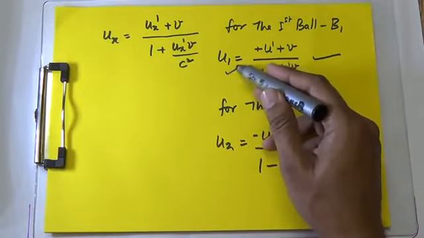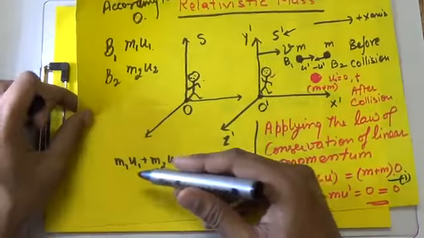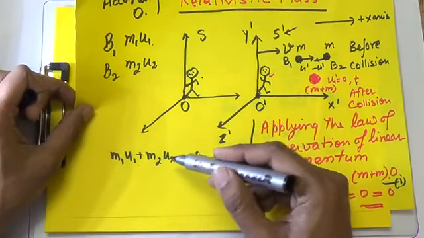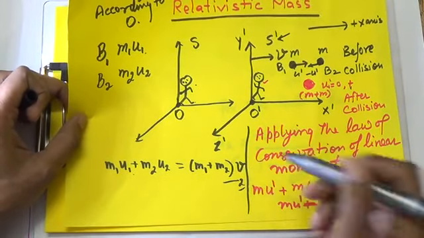Now what we have to do, we have to just put these values of u1 and u2 in this equation, that is m1 u1 plus m2 u2 is equal to m1 plus m2 and this v.